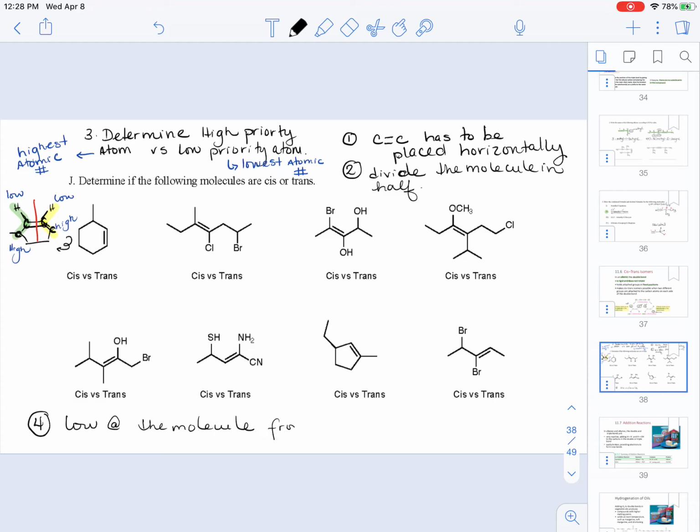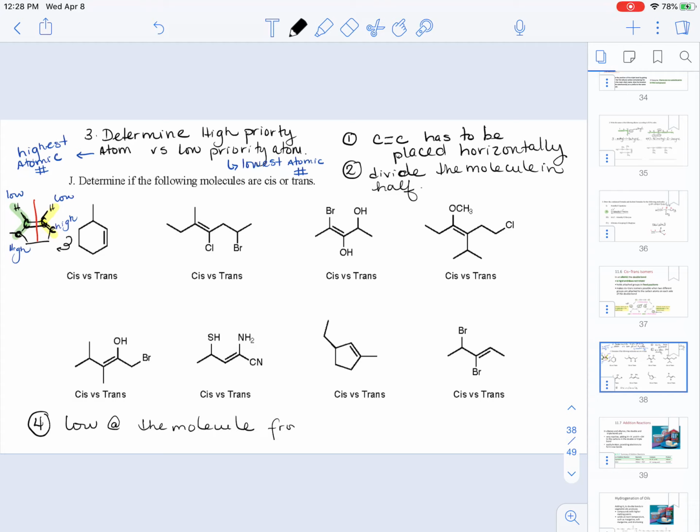If we have trans as an arrangement, then our highs and lows are going to be on opposite sides. So you're going to see low, high, high, low, or the opposite: high, low, low, high. Remember, this only applies to alkenes.